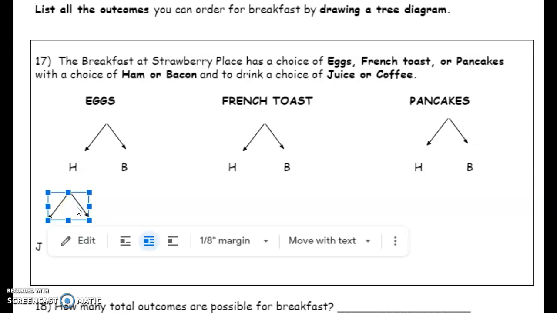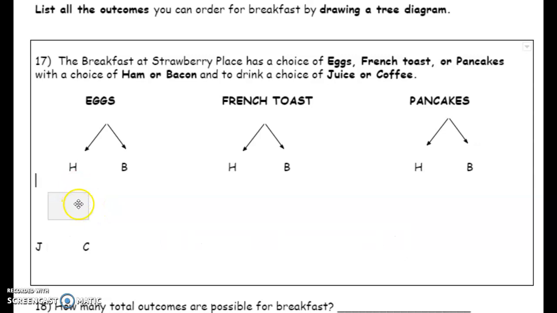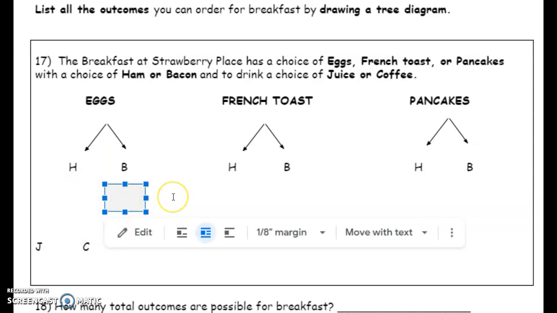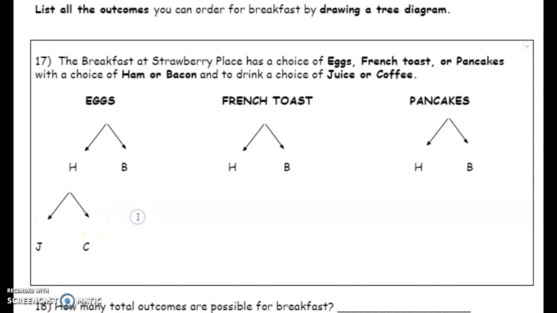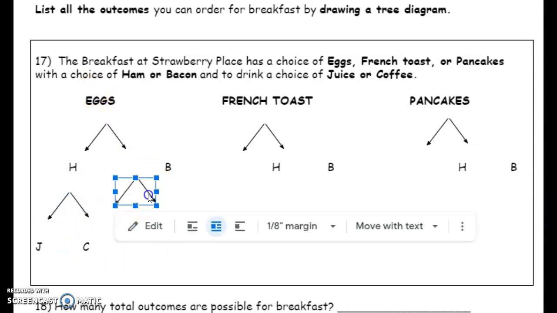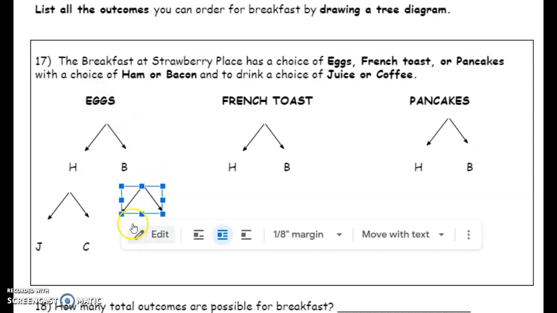But if I choose not to do the ham, I'll control copy that. And then instead of that, I want a choice of bacon instead. So I want eggs and I want bacon.